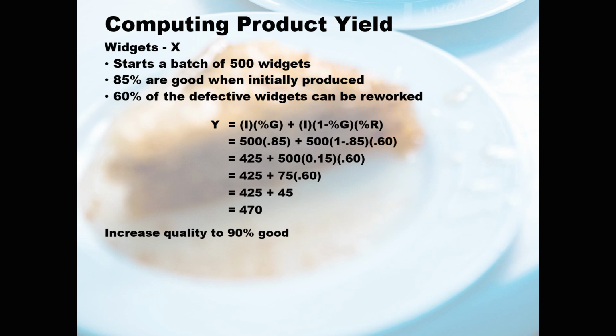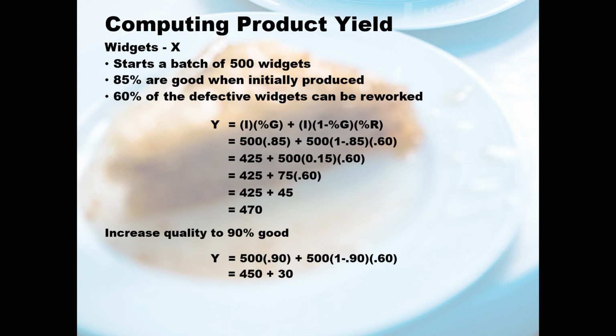What happens if we increase our percentage good from the initial run to 90%, which is only 5%? Again, we'll take our initial input, our starting batch of 500 widgets, we'll multiply that times the 0.9, and then we'll add in the widgets that were able to be reworked.